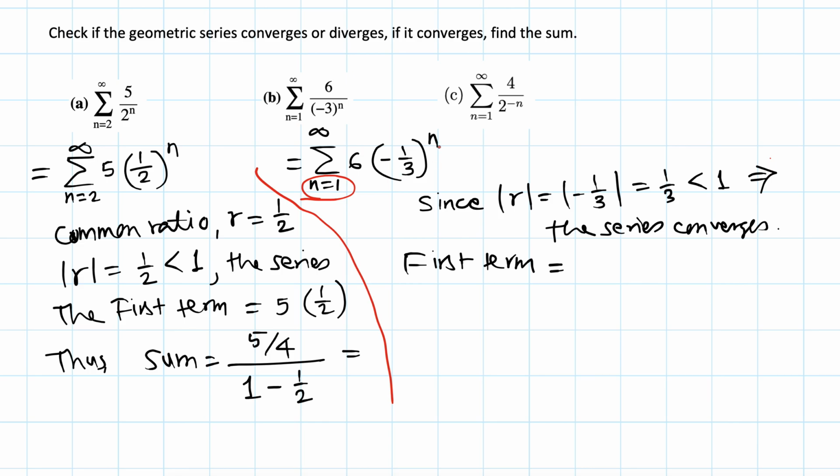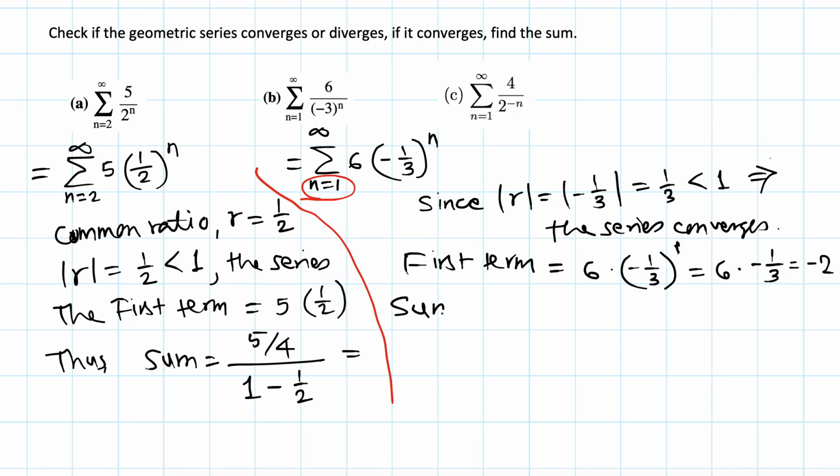Take n equals 1 here, so that is 6 times negative 1/3 raised to 1. 6 times negative 1/3. Now 3 goes into 6 two times, and 2 times negative 1 is just negative 2. That's the first term.